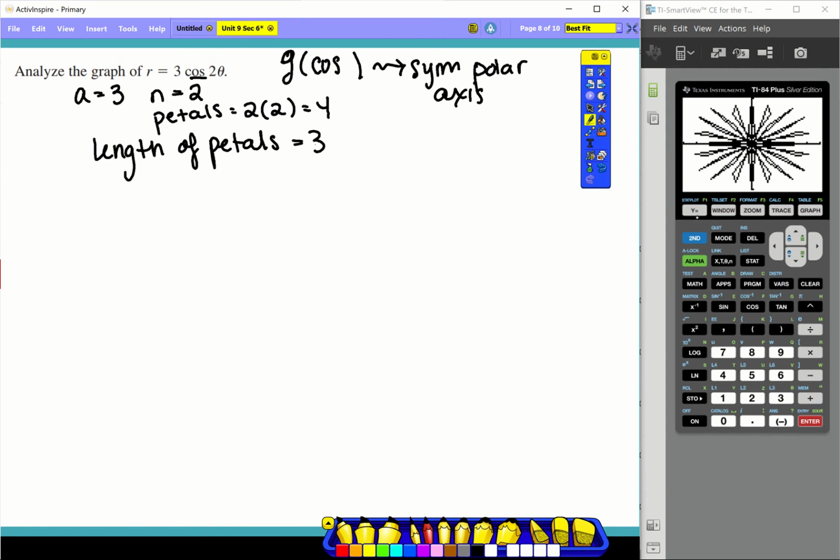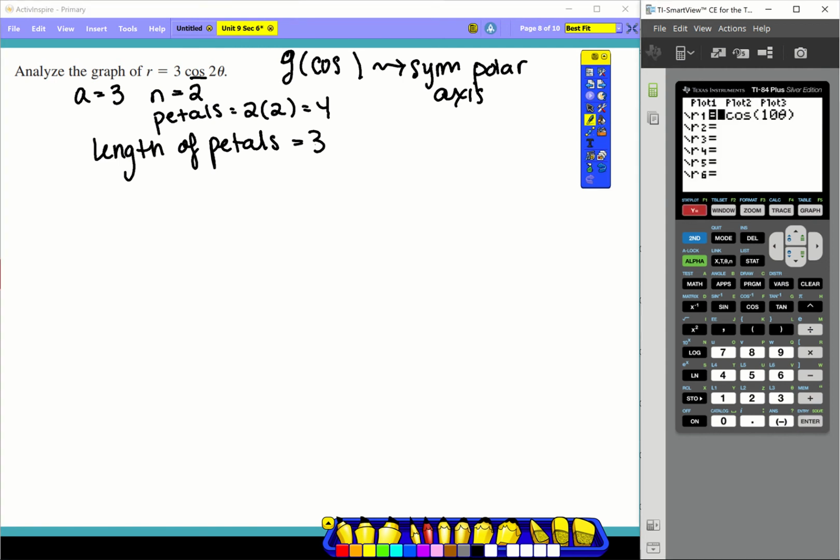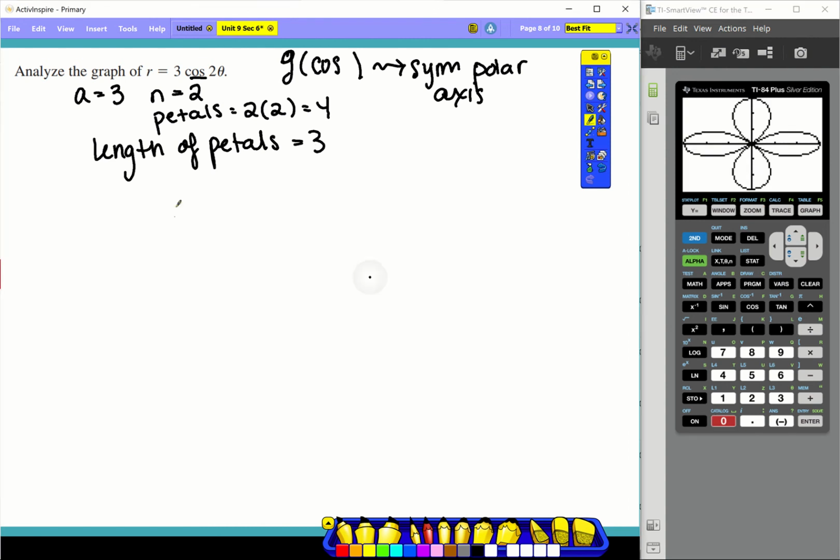Now let us put this into our calculator as 3 cosine 2 theta. And we'll graph that. Good. Zoom 0 means fit. So this is what this looks like.